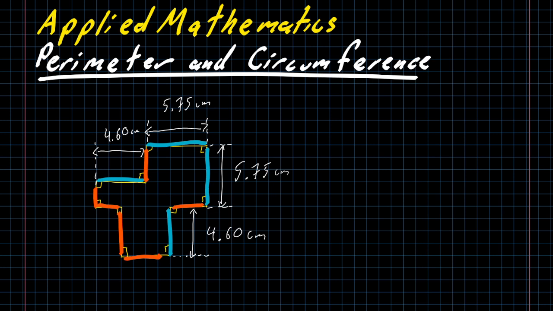Again, the key here is that everything is a right angle. So if we consider just these two vertical sides whose lengths we are given, we don't know what the lengths of these vertical sides are, but we know they have to come out to the same total.